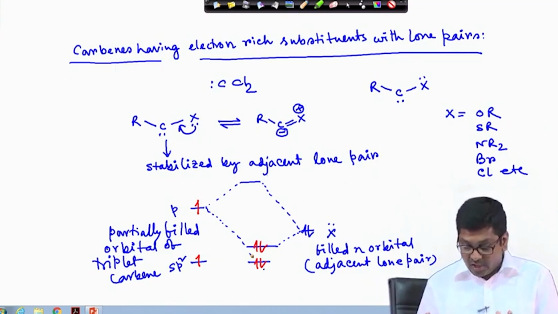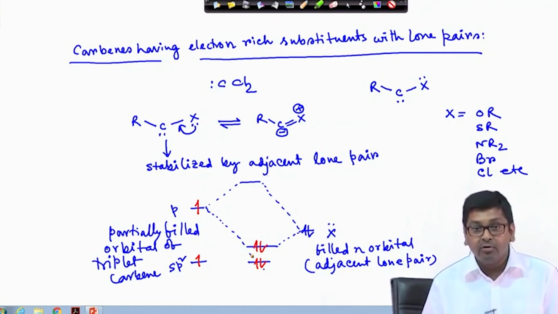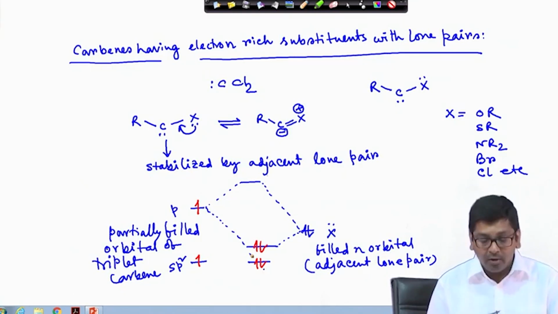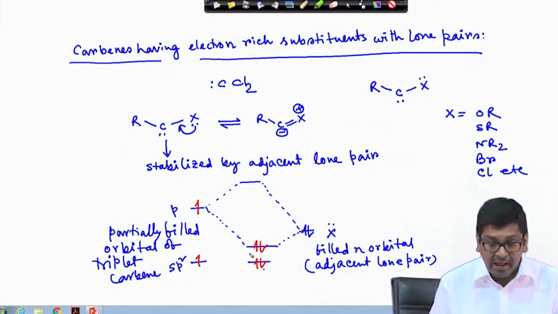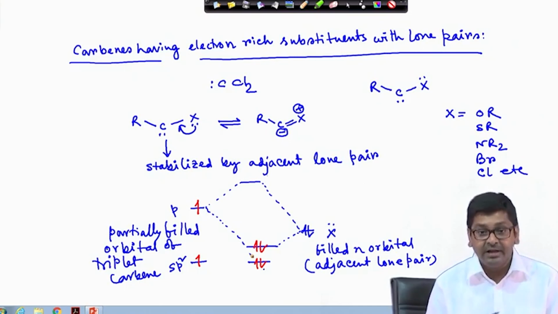So, the overall view of this particular type of carbenes is that when there are sigma electron donating substituents, that is actually lowering the gap between the sp2 and p. So, overall the energy difference is decreasing between them, and as a whole it remains as a triplet.